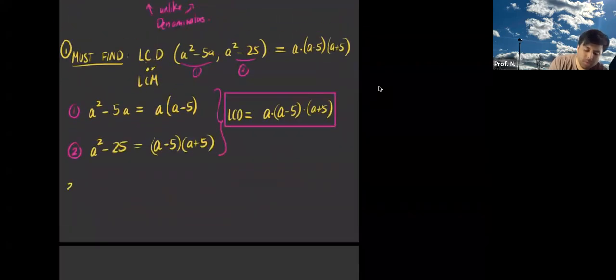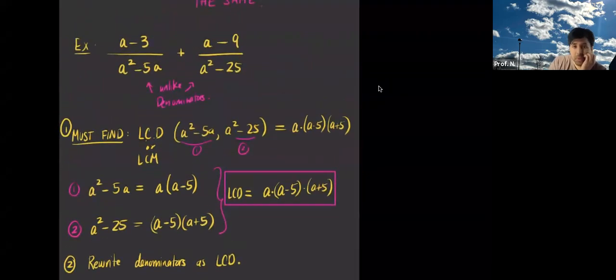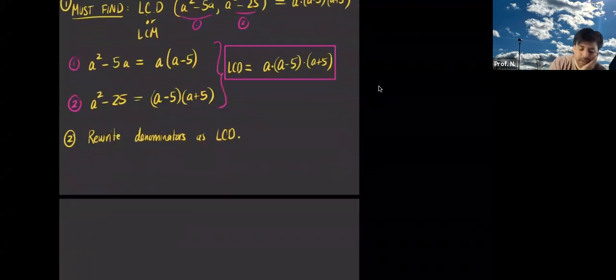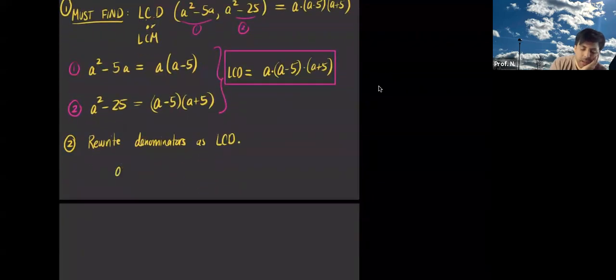Great. Now, what's step number 2? Rewrite fractions, rewrite denominators as the LCD. So going back to our original problem, right? We got a minus 3 all over a squared minus 5a.